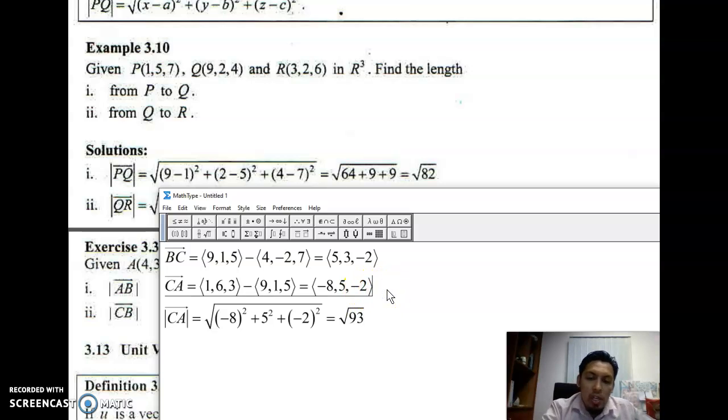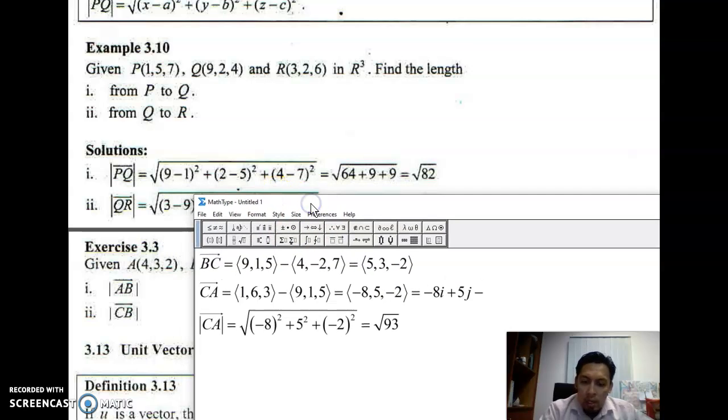If I change it into the form of an equation, I have -8i plus 5j minus 2k.